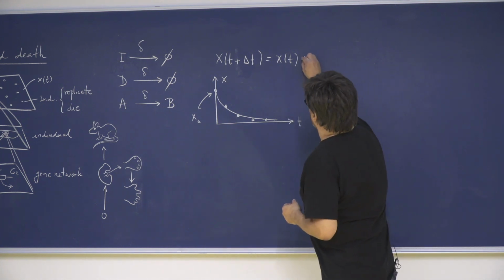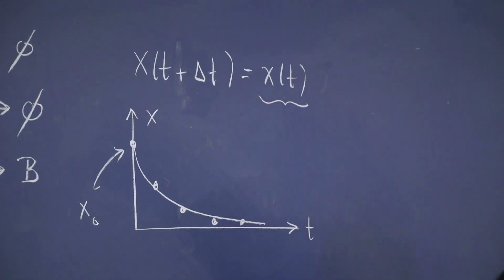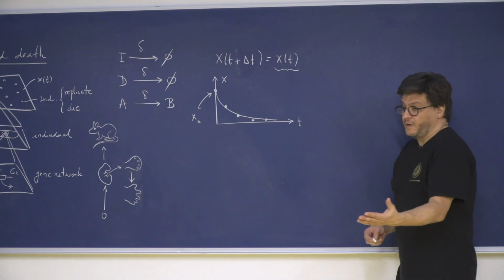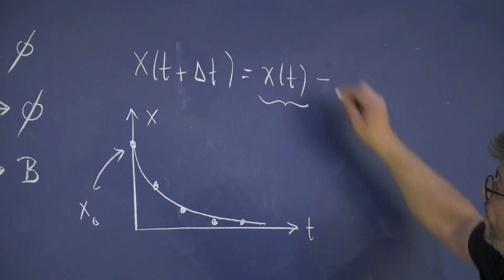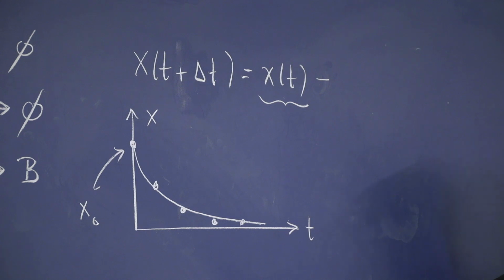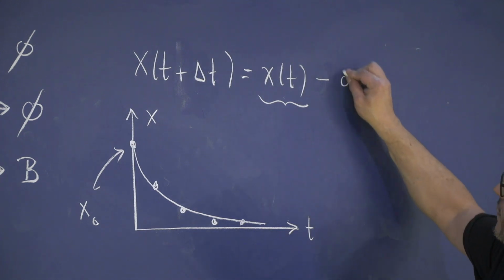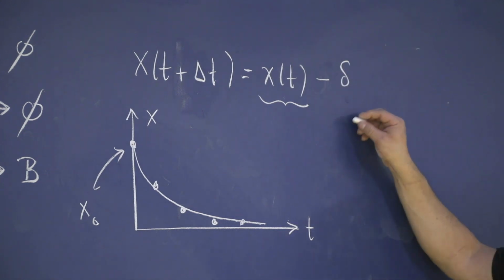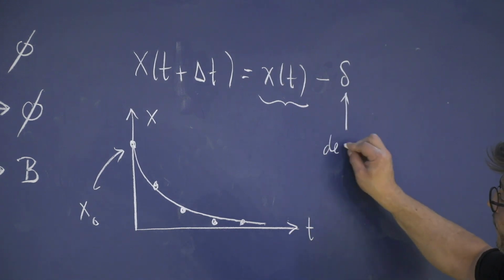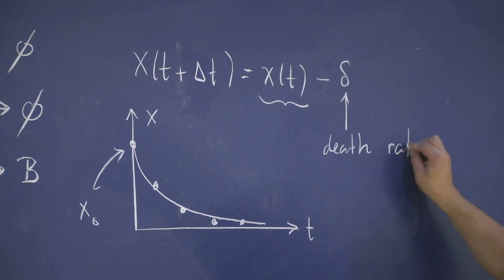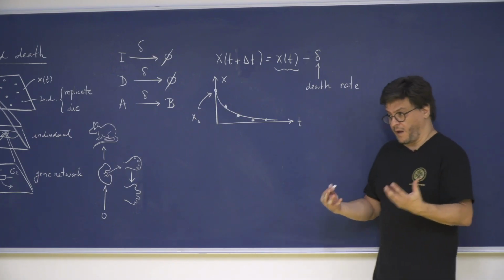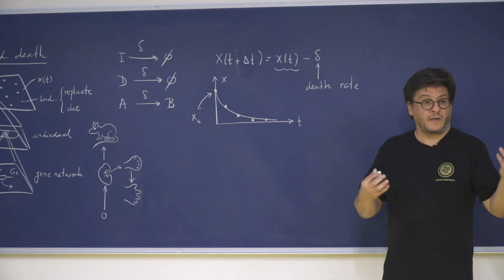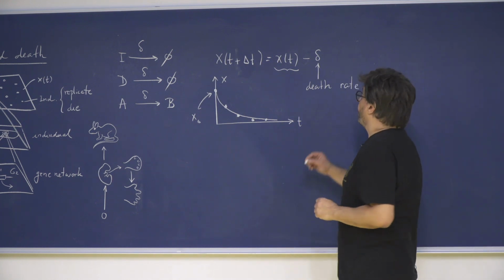So essentially, I have my previous population at any time, and then I have everything that involves change. Now, change is negative because population is lost, right? How quickly? Well, this is the death rate. Death rate, in a way, averages any process that has to do with the likelihood that individuals die.